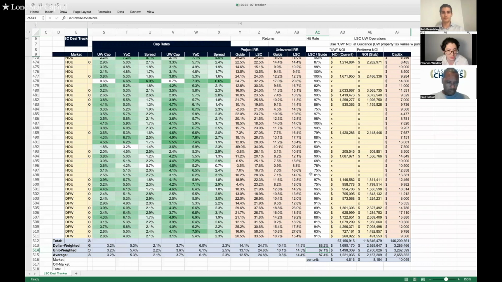But it's definitely a source of opportunity. So with an 87% bid to ask, I guess, that we're at today, that's also been a movement, not just on our part, but in the market, that is creating some opportunities.